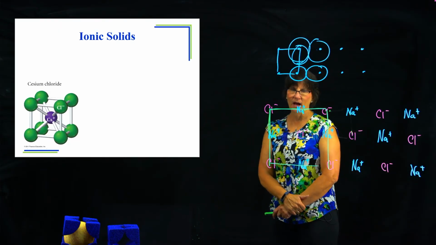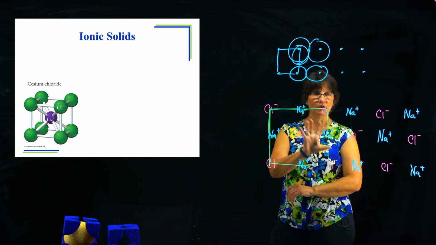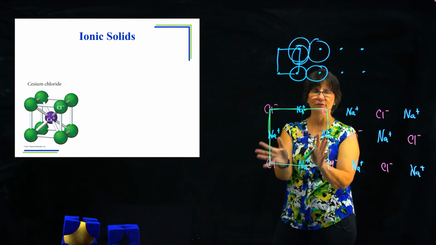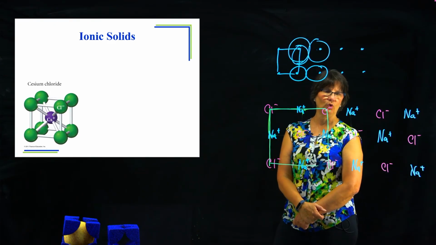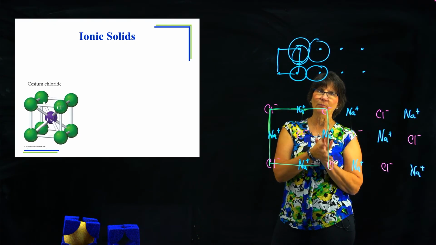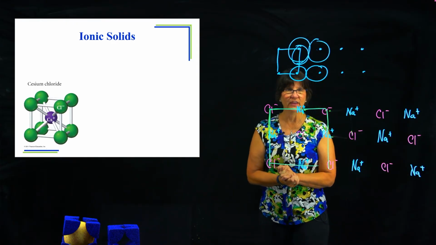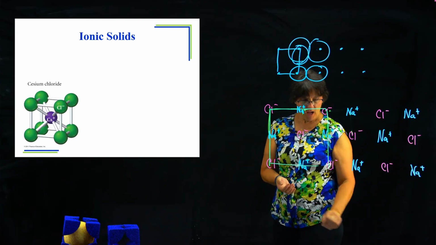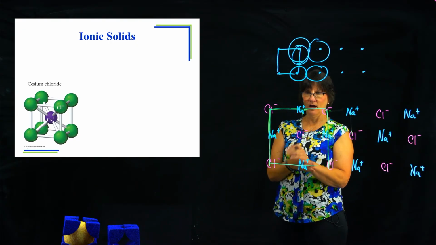So when we look at an ionic solid, if we had an ionic solid's unit cell, and I don't have the full unit cell of this thing out, but I do for the cesium chloride there. When we look at that getting repeated over and over again, we should be able to determine the formula of that ionic compound.